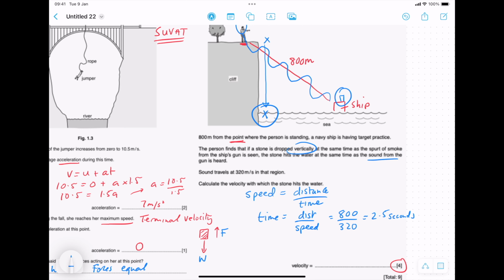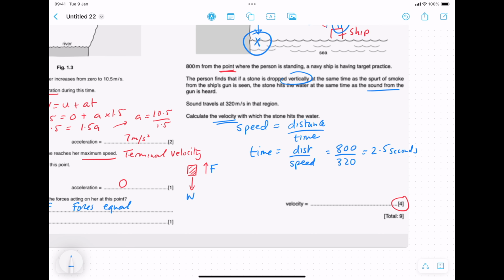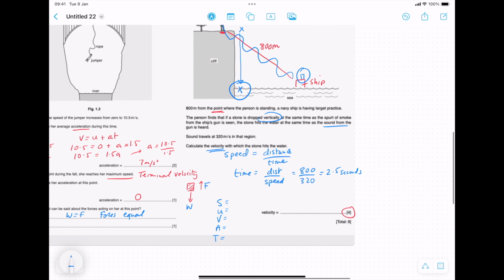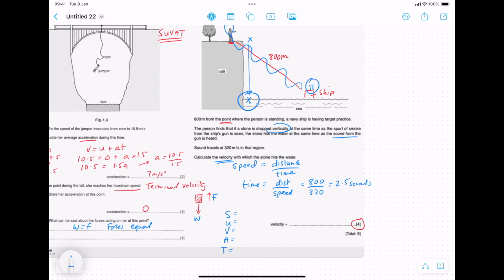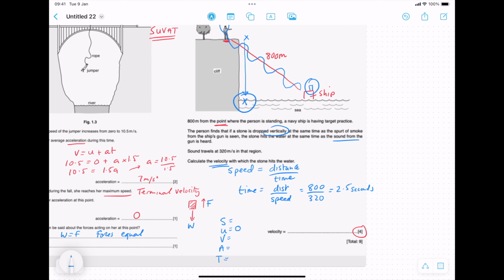Right, so now we need to work out what the velocity of the stone is just before it hits the water. Again, we turn to the SUVAT method. S-U-V-A-T. The person is holding the stone in their hand, so the speed of the stone at the beginning must be 0. So U is 0. The final speed, V, is the question mark.